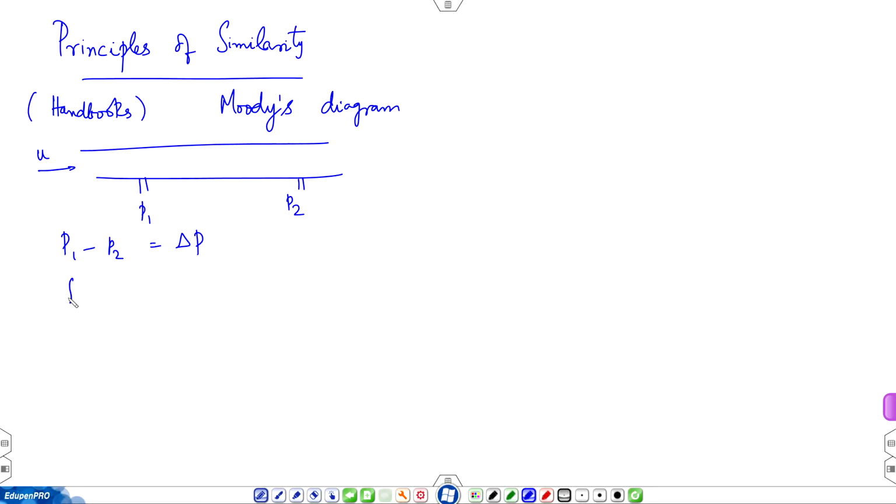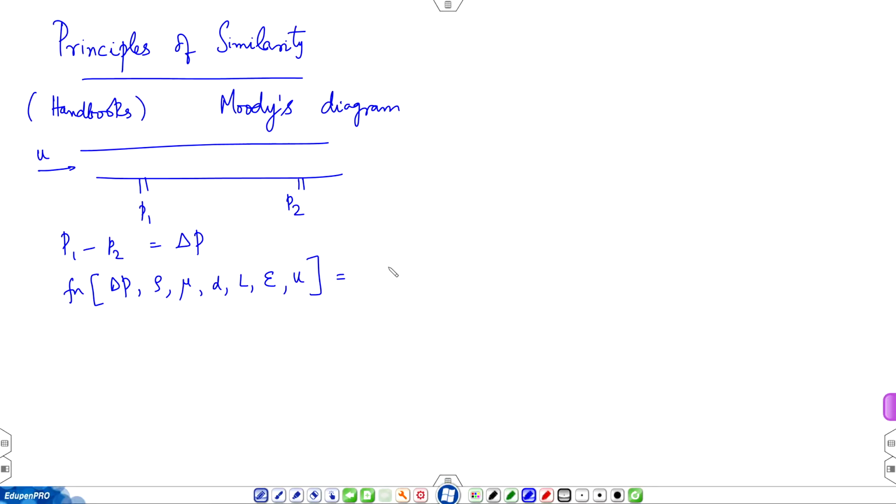We first express the functionality in symbolic form, that delta P will depend on rho and mu, the fluid properties, diameter, length and surface roughness, and of course, velocity.